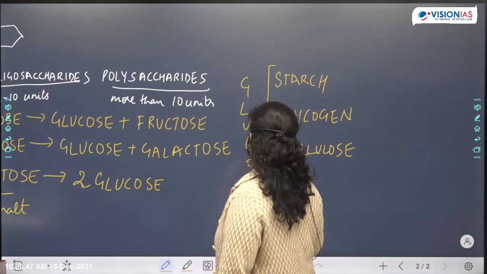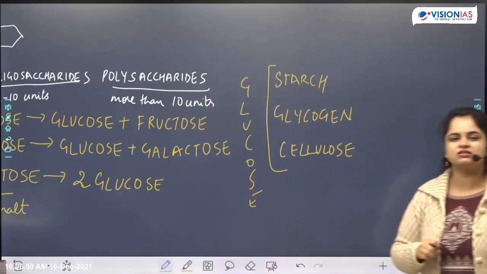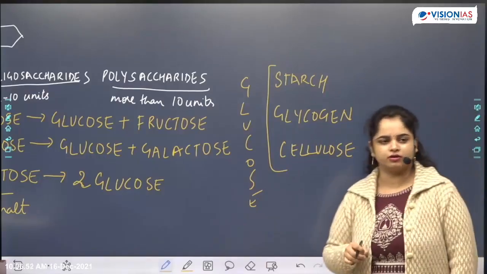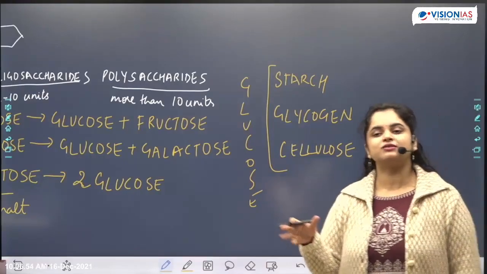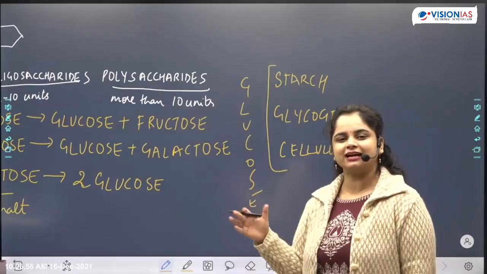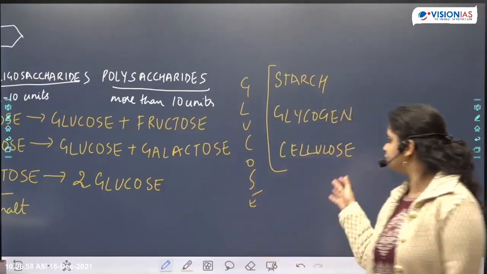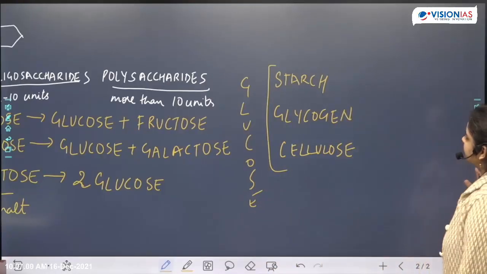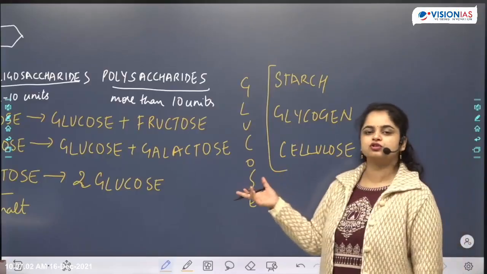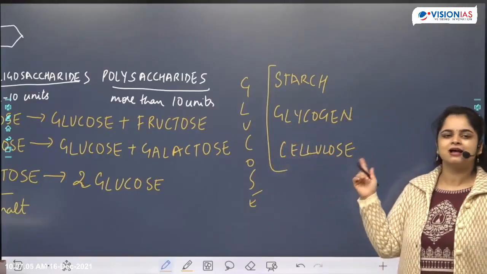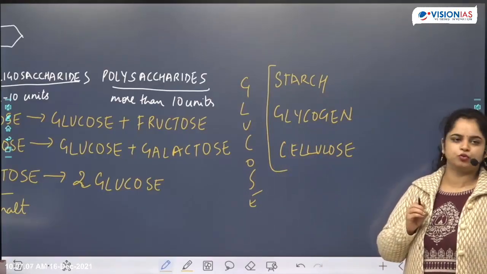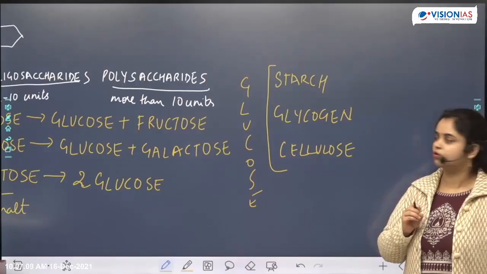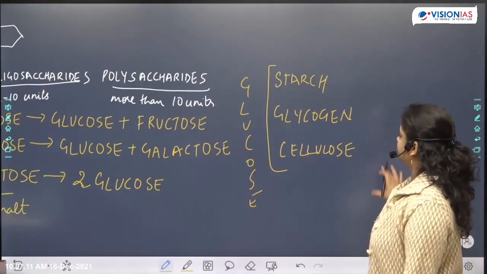In each of these cases, we have glucose as their basic component. Now, the number of glucose units and the way glucose is arranged can be different, and they are all going to be doing different functions. But if we talk about the constituent, all 3 of these are made up of glucose. Okay. Now, what do they do?